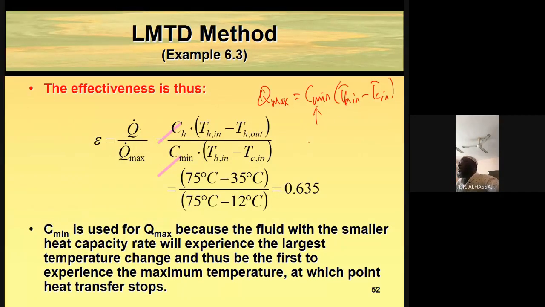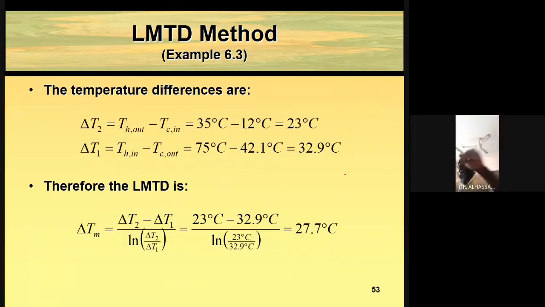The highest temperature in the system is T_H inlet, and the lowest temperature in the system is the T cold inlet. So the difference between these two times C minimum gives us Q maximum. The ratio of these two gives us the performance, or effectiveness, of the heat exchanger.